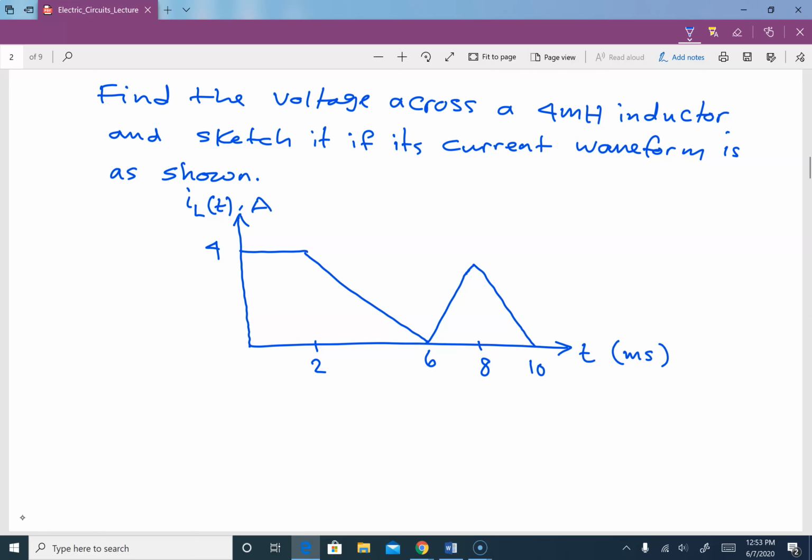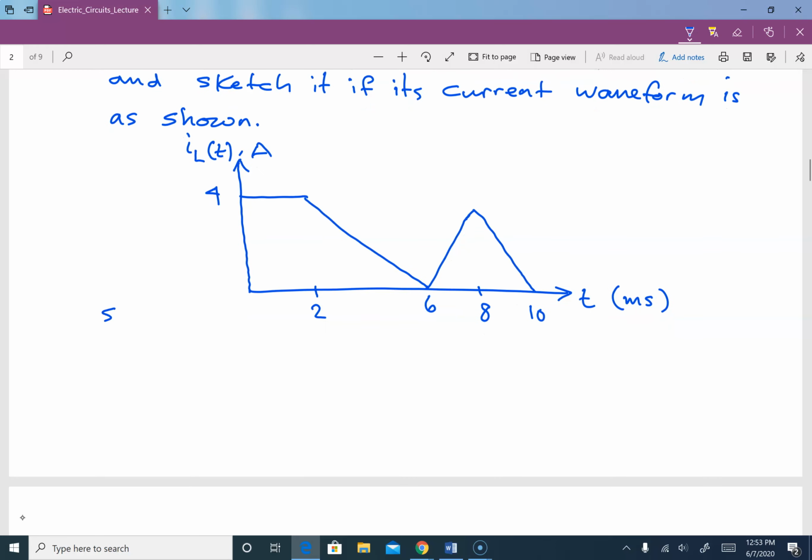This is the current flowing through an inductor, and we would like to extract the voltage waveform, to see how the voltage waveform looks like.